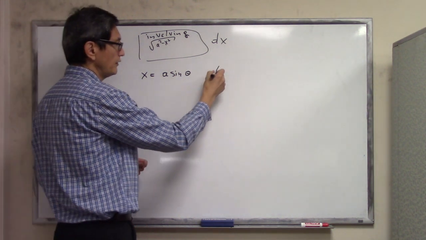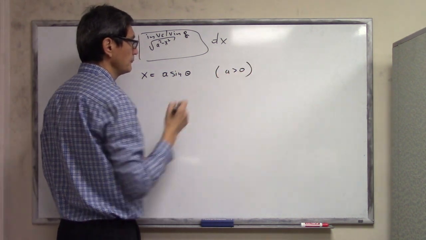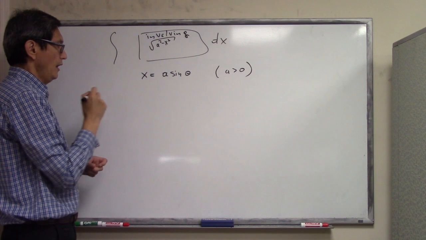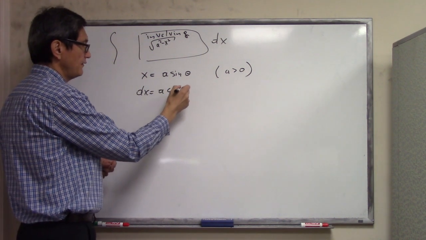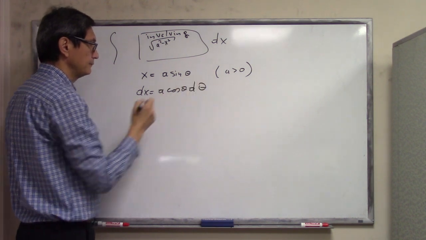Here we are assuming that a is positive. Then dx is going to be equal to a cosine theta d theta.